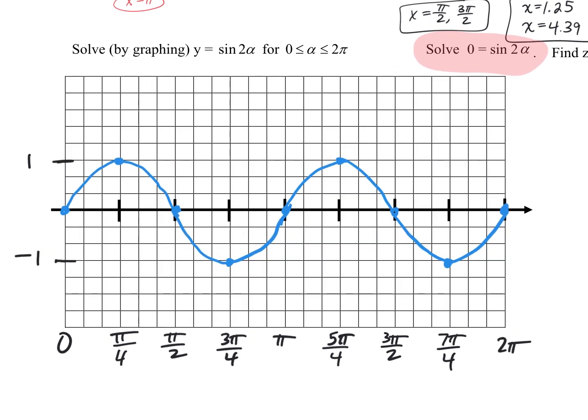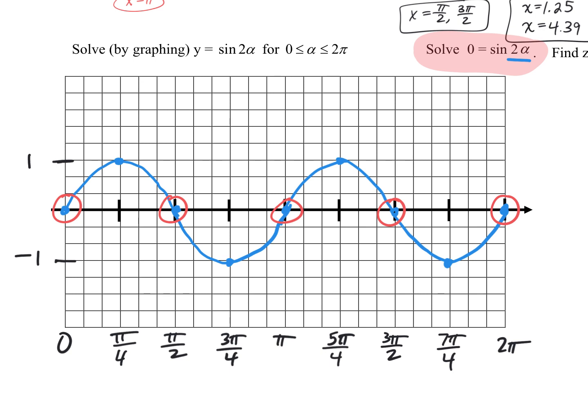First is the sine 2a. That 2a acts as a horizontal compression to our graph. So over the course of 0 to 2 pi, we will complete 2 complete periods. What this means is that the number of solutions that we have over the same interval from 0 to 2 pi is quite a bit more, right?